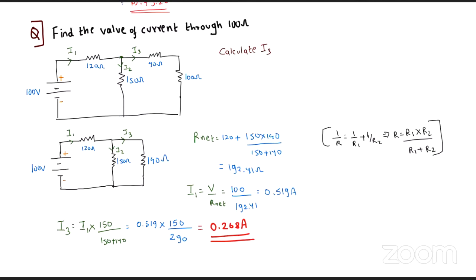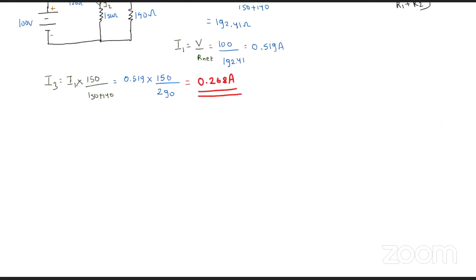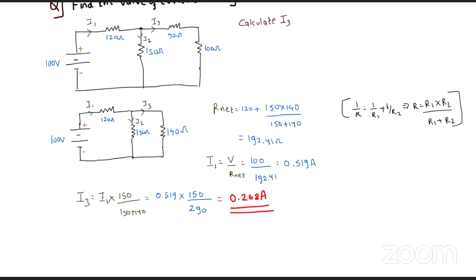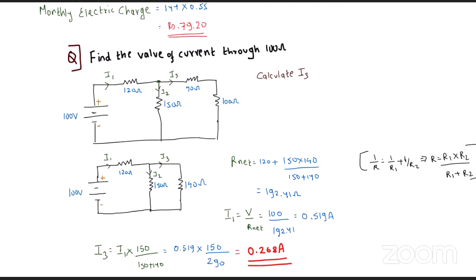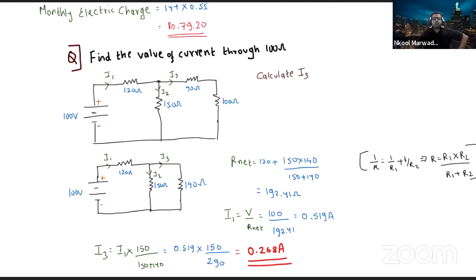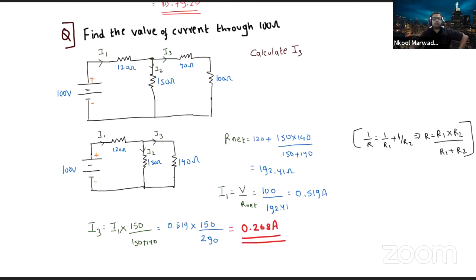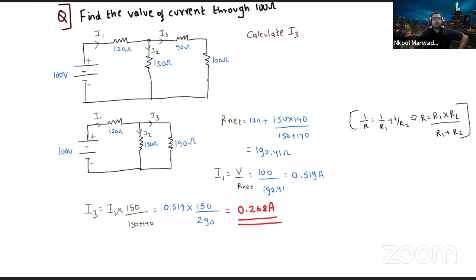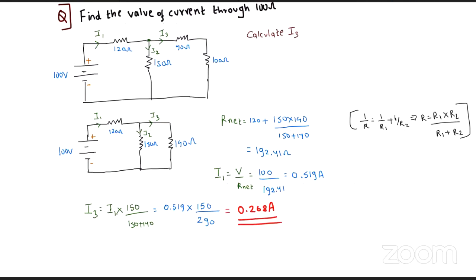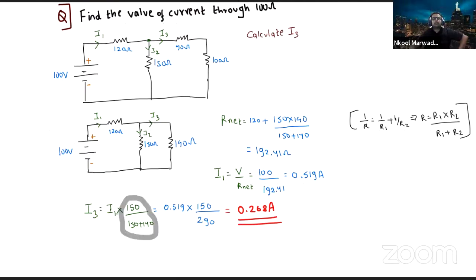Sir, why did you take the resistance of the first resistor? Why not 140 instead of 150 for I3? Why have we taken 150 and not 140 here? That's the formula. You have to remember this: if you have to calculate I3, it is I1, the total incoming current, into the other resistance.